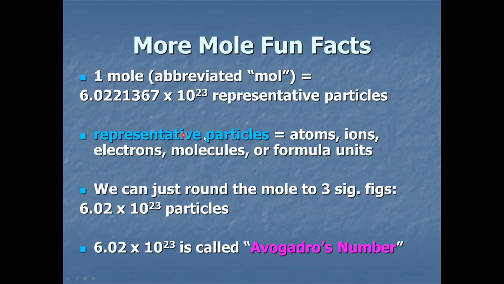And when we talk about representative particles, it could be individual atoms or ions, electrons, molecules, formula units. We can even talk about moles of real things, but that gets really silly really fast. And we often just round it to 6.02 because we don't have time for all those other numbers. And we call that Avogadro's number. And you'll learn more about Avogadro later.